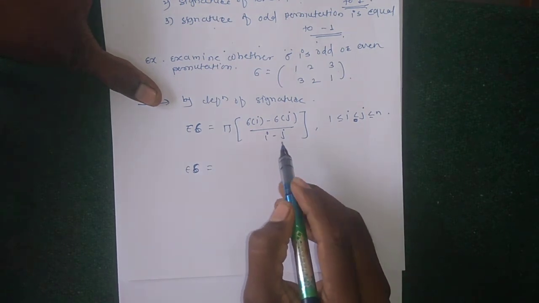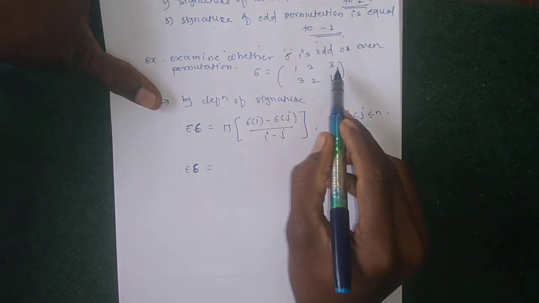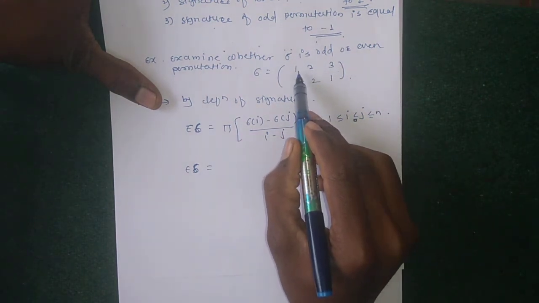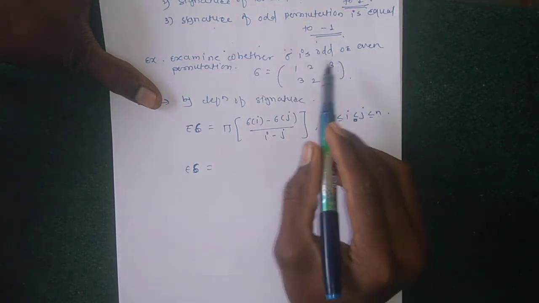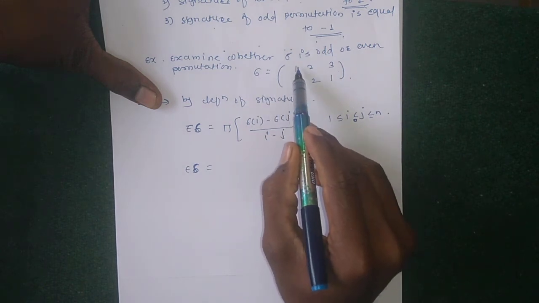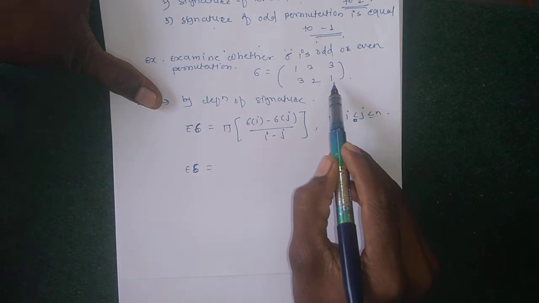Here i and j are 1 2 3. The upper side is i j k, and sigma of i means sigma of 1, sigma of 2, sigma of 3. Their values are 3 2 1.